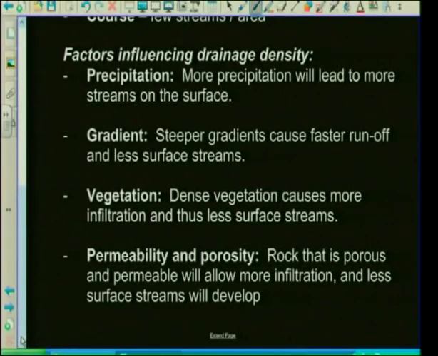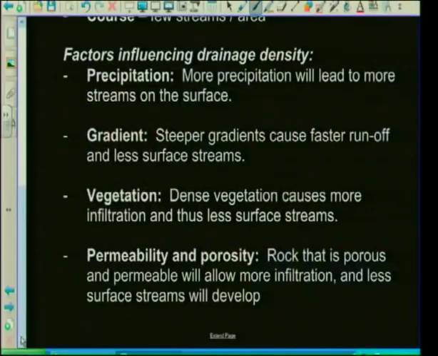So our first factor that will influence our drainage density, once again, is precipitation. The more precipitation we have, the more streams found on the Earth's surface, which is going to give us a higher drainage density.